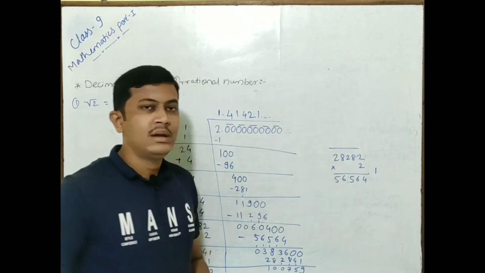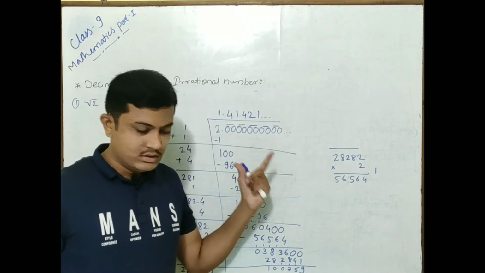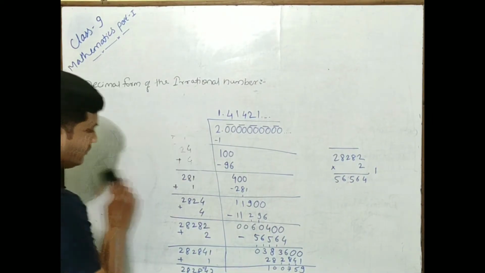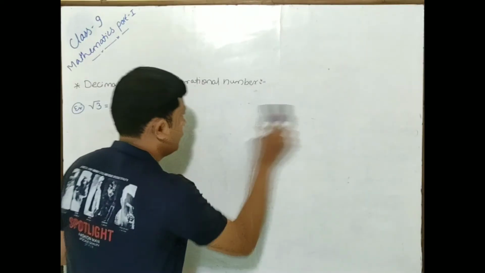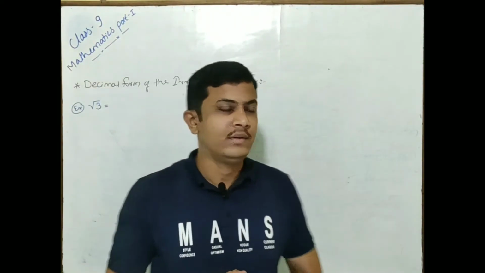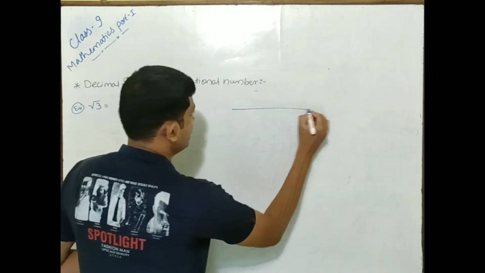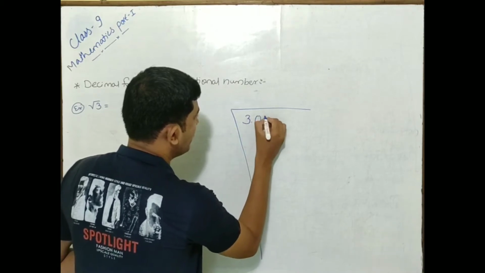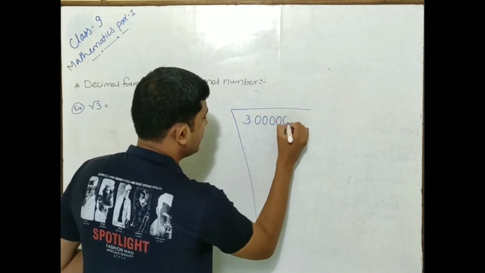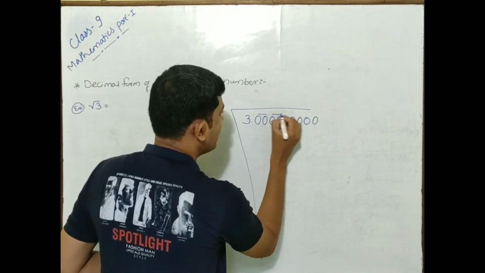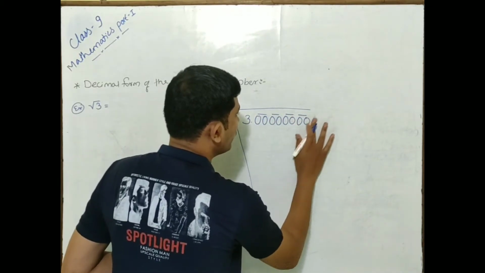Okay. The same way we can find it for root 3. For root 3, we will see. By the same method which we have done for root 2.